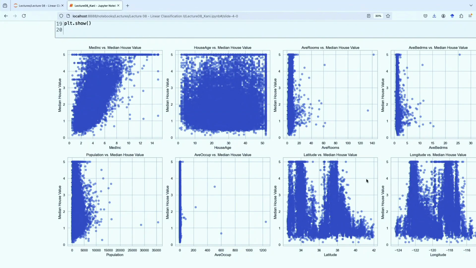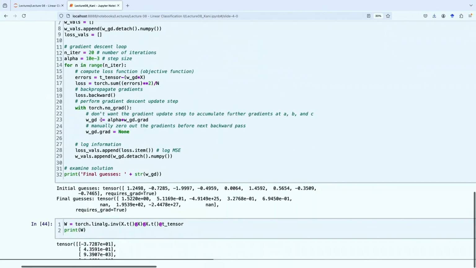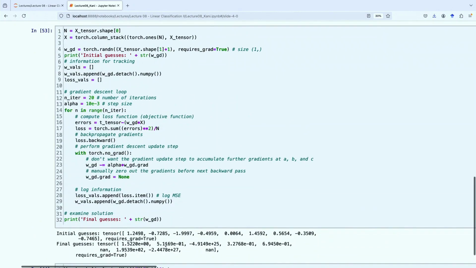Most of these things are not linear. The only thing that might be linear is the first metric, which is median income, and that actually does sort of work. Yeah, 0.5.